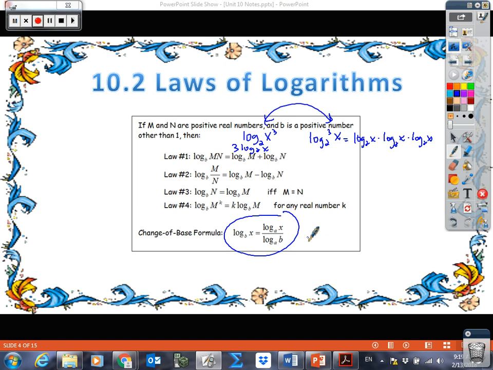That's okay, you can use it for that, but that's not going to be my focus. You actually can use this to solve equations. We're going to be working with the change of base formula to solve equations, not just to get a number answer. So this is going to be a new focus for us this year, to use it algebraically, not numerically. Okay, and we have an example for that.